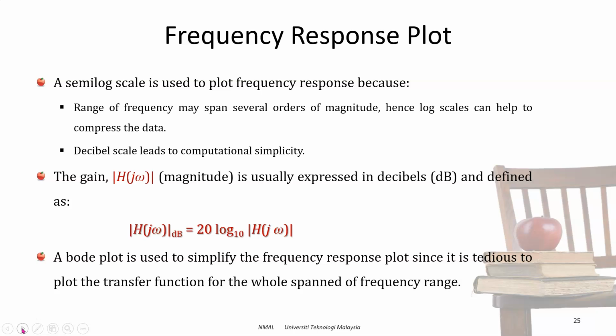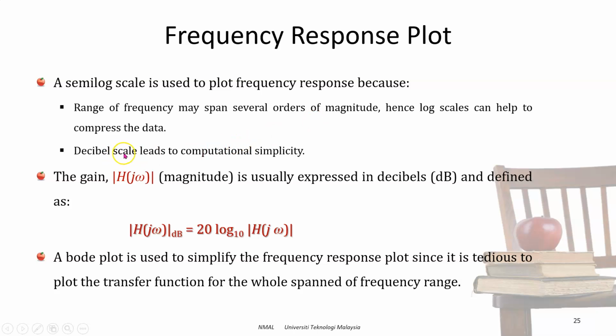We can use a semi-log scale to plot frequency response because, like I said before, the range of frequency may span several orders of magnitude, and when we use the log scale, it helps to compress the data. It means that we can plot a larger frequency range.